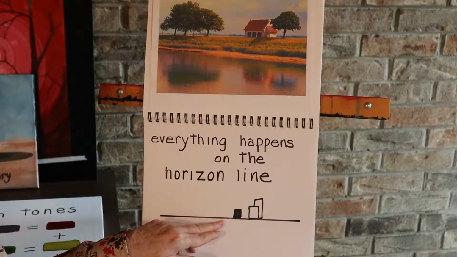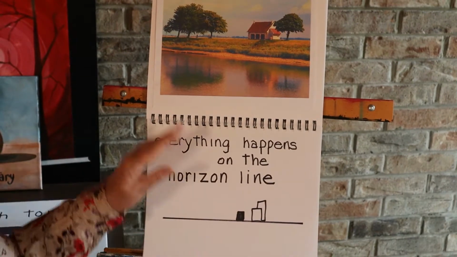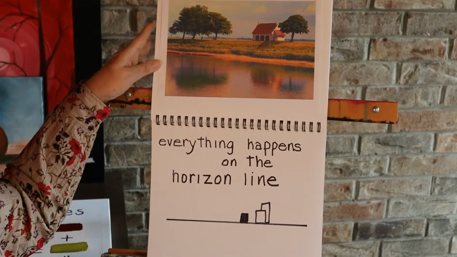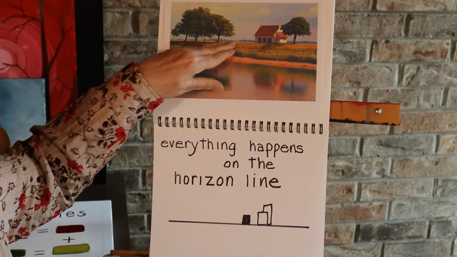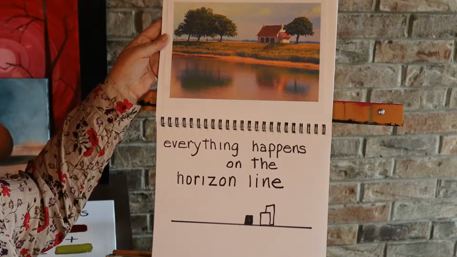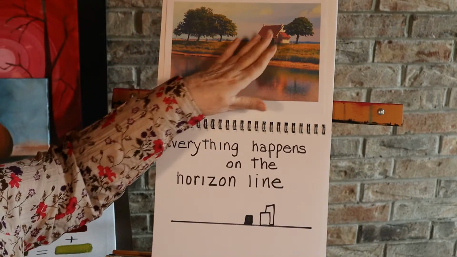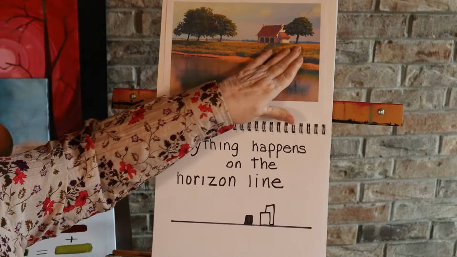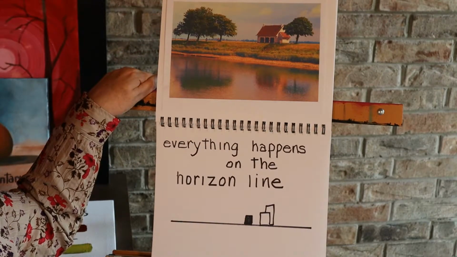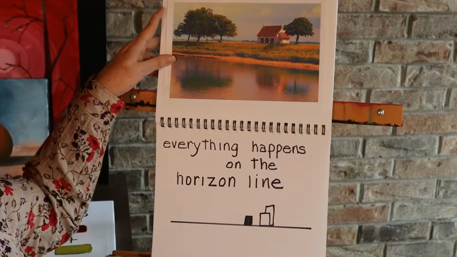That's why it's called Everything Happens on the Horizon Line. And this is an example of that composition. So this is the horizon line right here. And everything in this painting is seated on the horizon line. The trees and the house and all of the main objects of the painting are on the horizon line. So that's an example of everything happens on the horizon line.